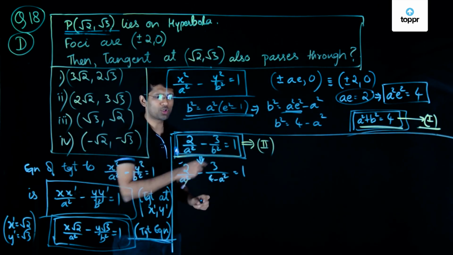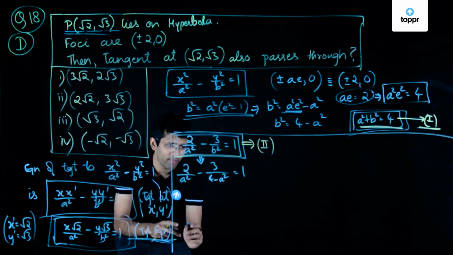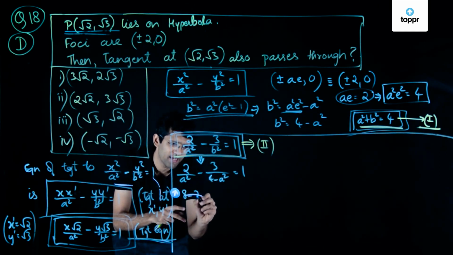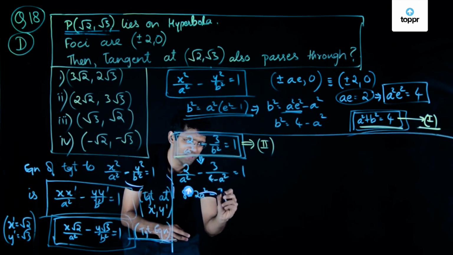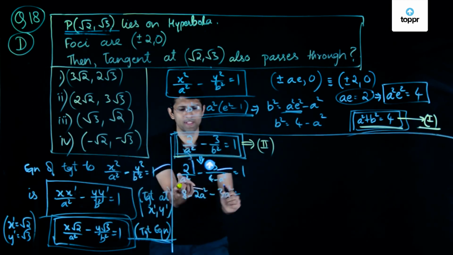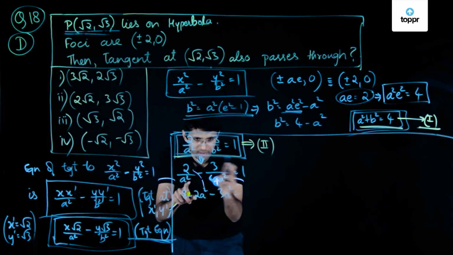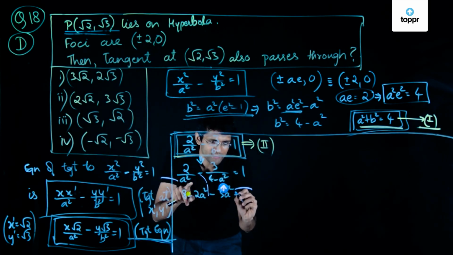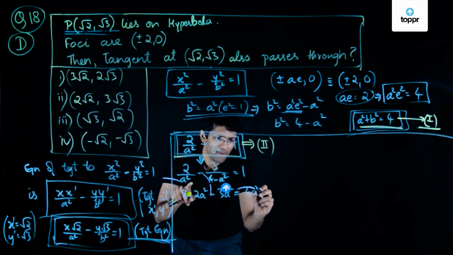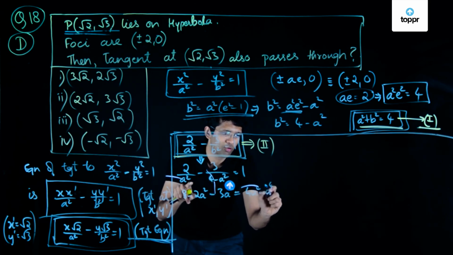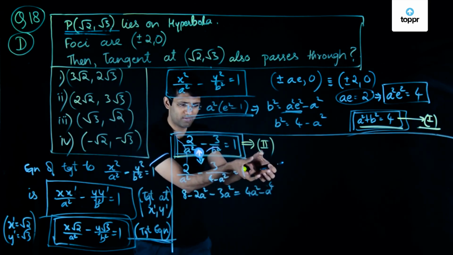Well, if you solve this further, you will equalize the denominators and so you will get 8 minus 2a square minus 3a square will be now equal to this term taken on the right hand side. And if you simplify this, you will get 4a square minus a to the power 4. So I've taken this denominator here.